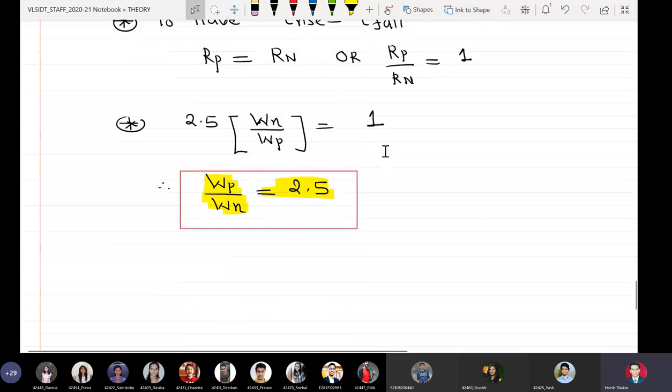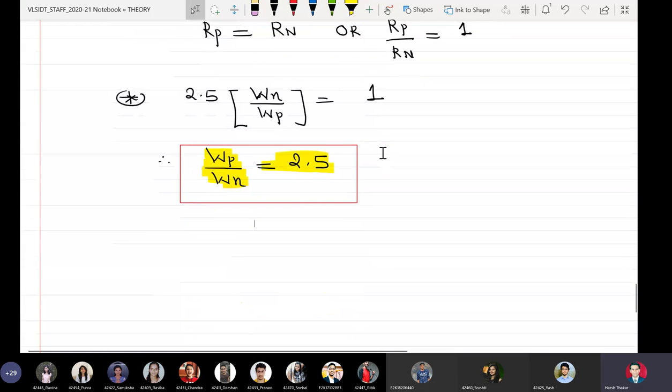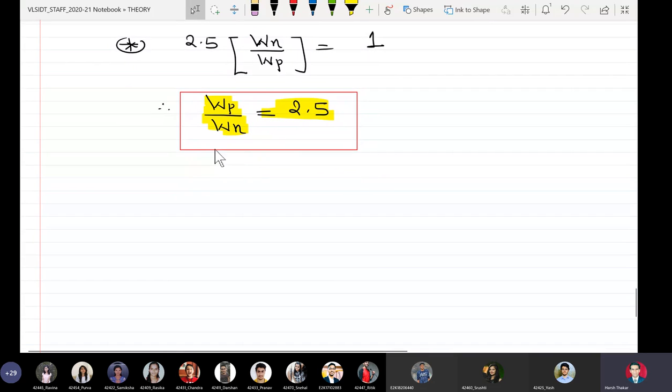And all of you know that Wp is the width of PMOS and Wn is the width of NMOS.